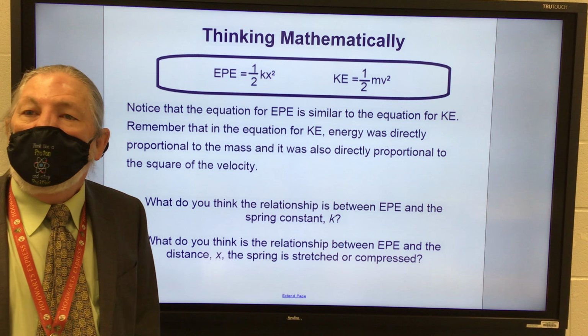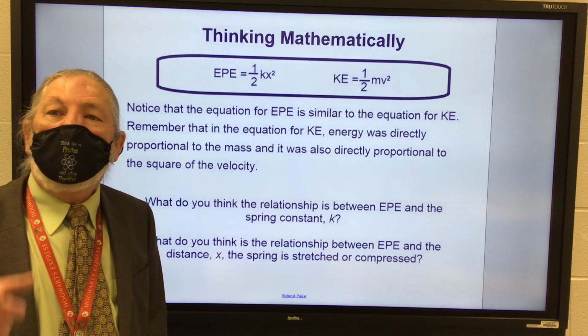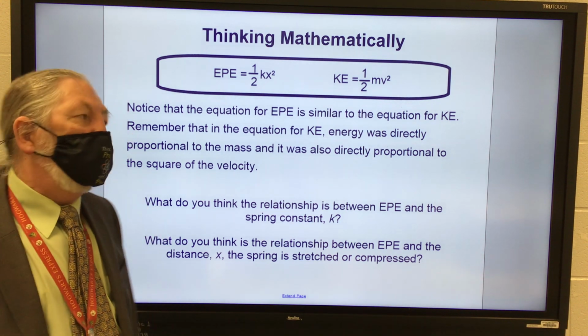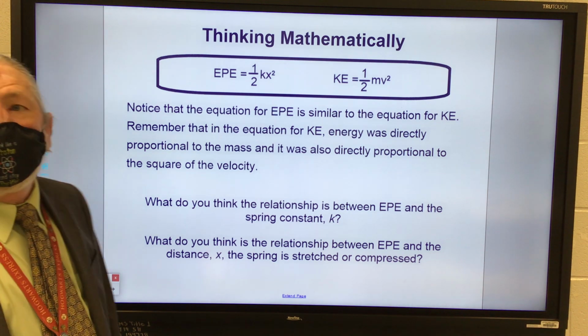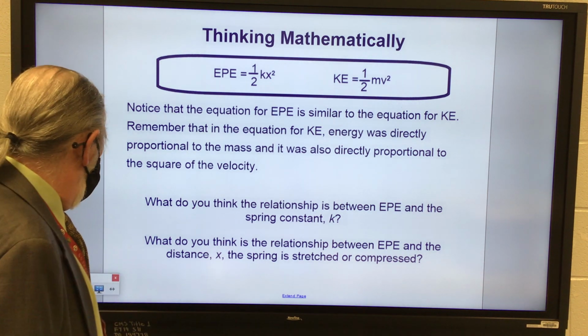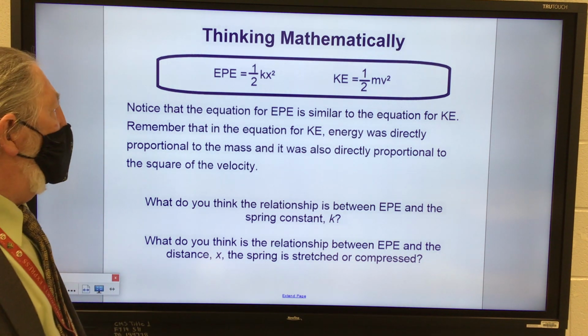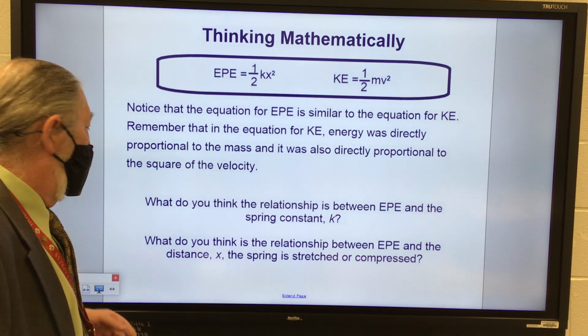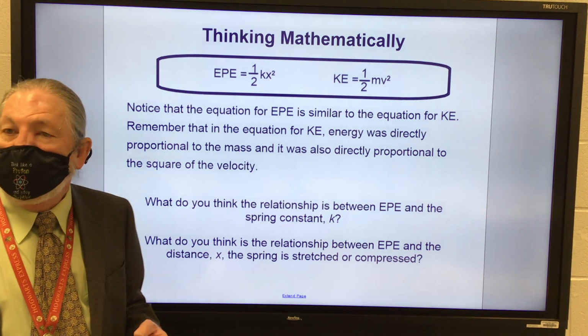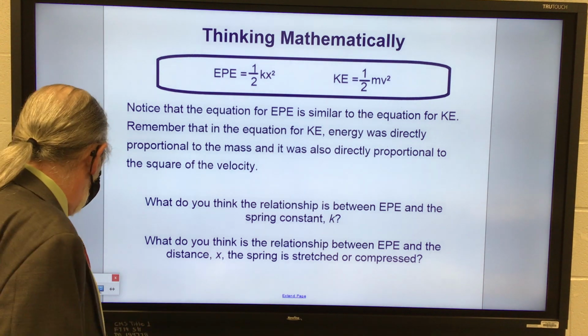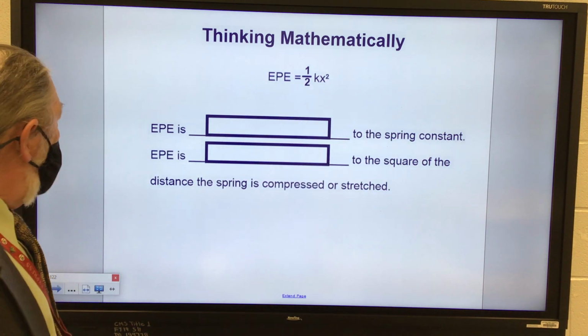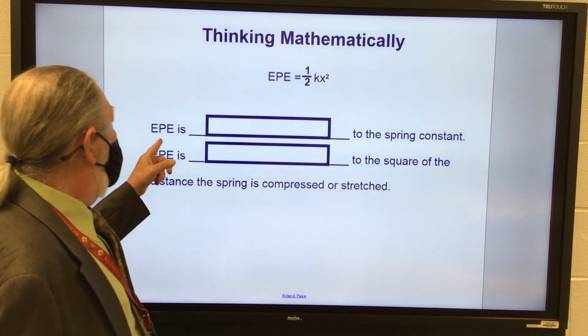What do you say, Daniel? Isaiah? Sophia, what do you think? Directly proportional or no? It's okay to be wrong, just guess. Okay, so actually, guess what?